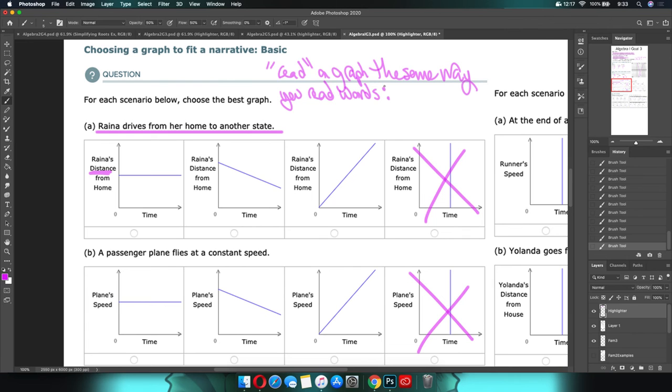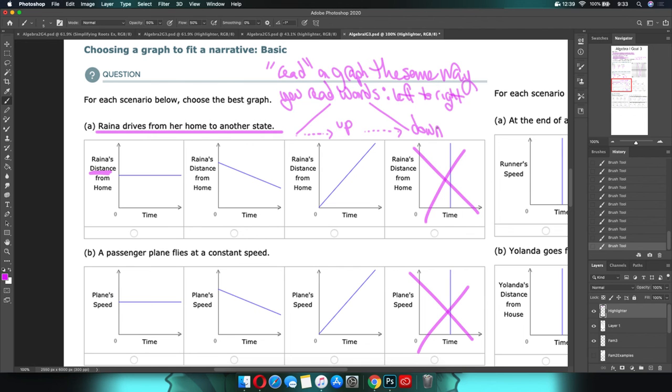What that means is you read from left to right. So if I'm looking at that graph from left to right, it is going up. If I'm looking at that graph and I'm going from left to right, that is going down. That's the thing you want to keep in mind.